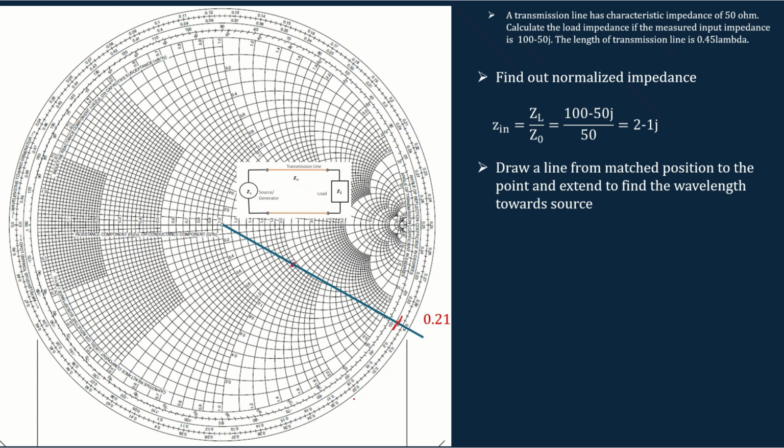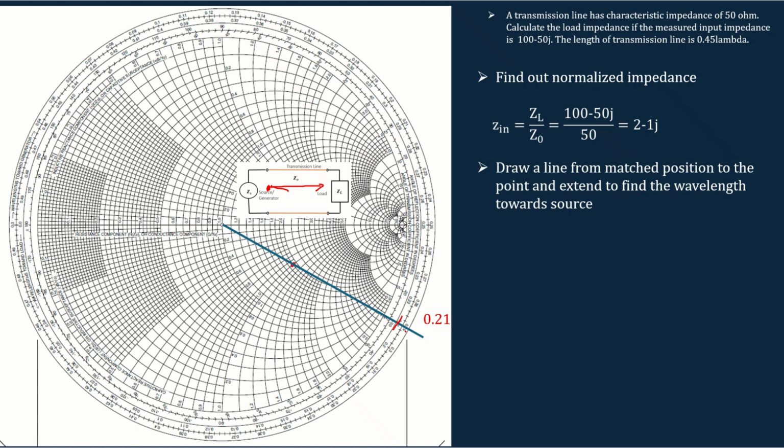In the next step, now I know the wavelength corresponding to the input impedance. Now I have a transmission line of length 0.45 lambda. So I have to extend 0.45 lambda to find my load impedance.